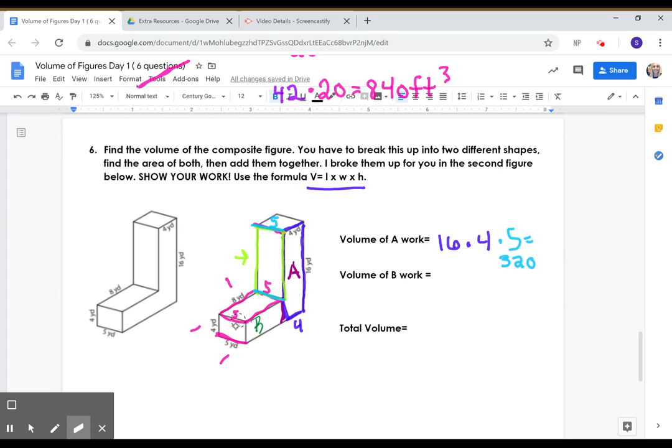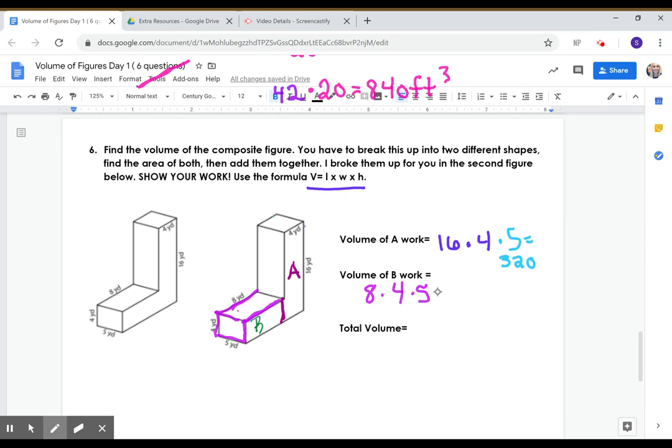So what I'm going to do is I'm going to erase kind of all my markings so it'll be a little bit clearer. Okay, so we found A, so now let's look at B. So for B, I know this piece is 8, and they already give me my other 3 numbers, 4 and 5.